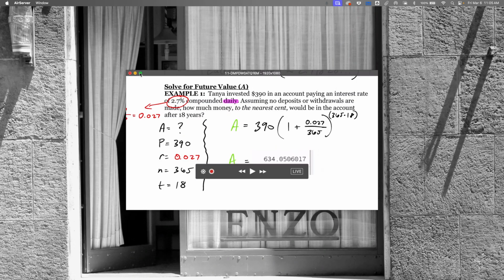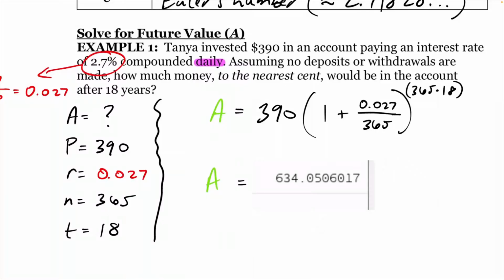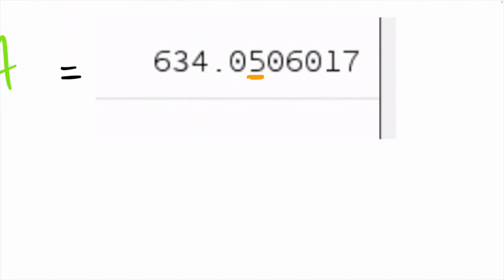What did they want me to round to? The nearest cent. Which number is in the cent spot? 5, yeah, the 5 here. The 5 is in the cents or penny spot. So once we've established that, we go, okay, that guy can stay at 5 or go up to 6.